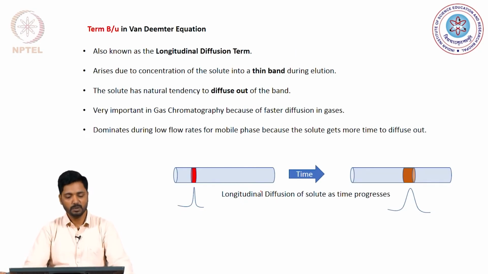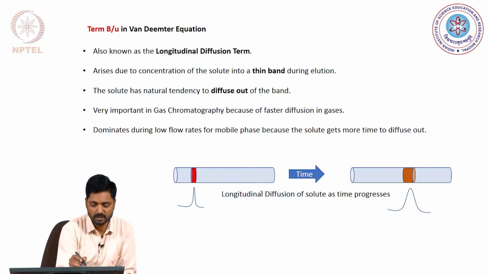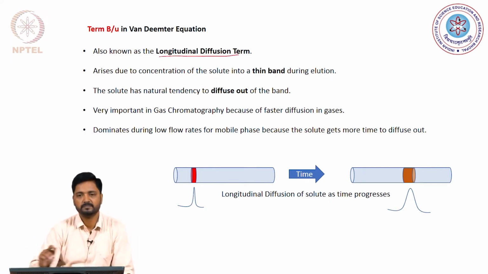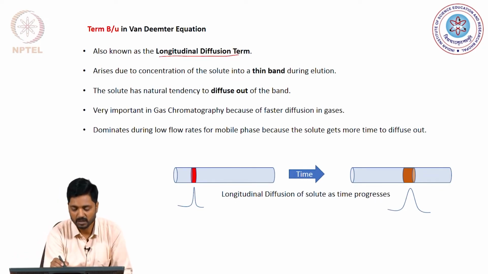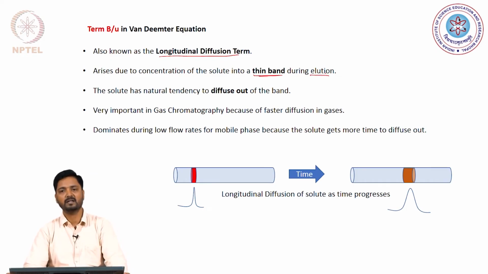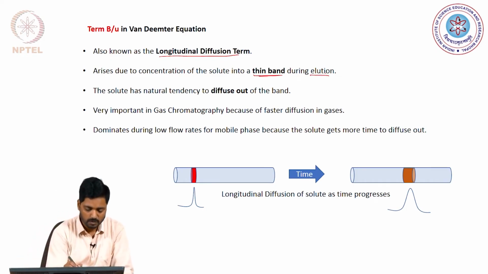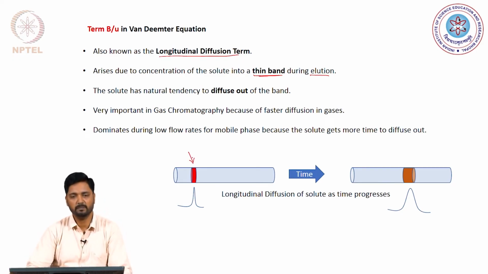Now, let us look at the second term in the Van Deemter equation. It is also known as the longitudinal diffusion term, and it arises due to the concentration of the solute into a thin band during elution. So, please remember that we would want our solute to be present as a very fine band inside the chromatography column.